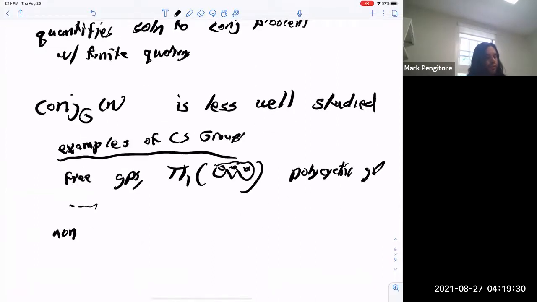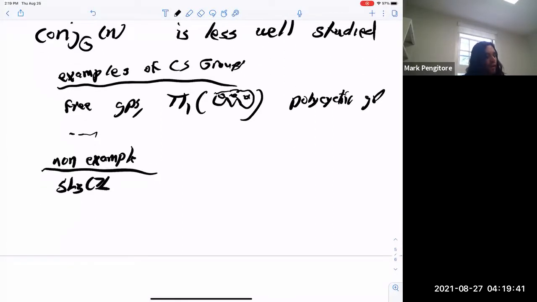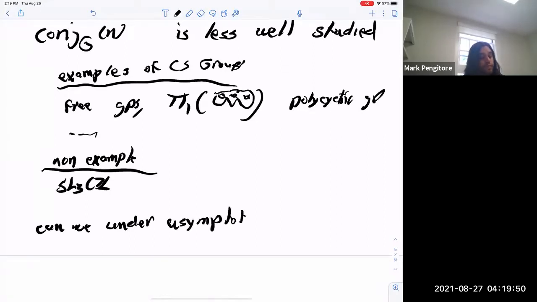A non-example, a relatively simple example, is SL3Z. Okay, so can we understand asymptotics for the conjugacy problem, or conjugacy separability, for the above classes of groups?